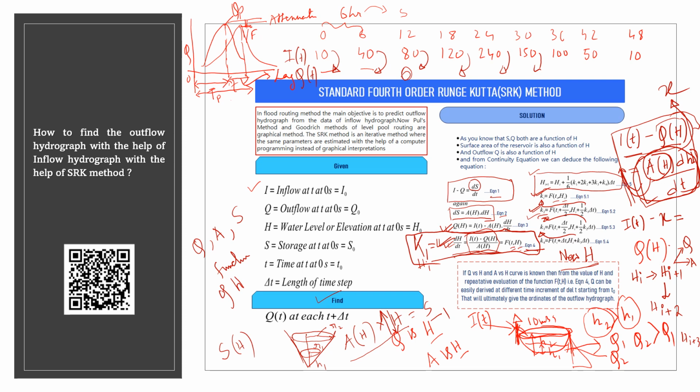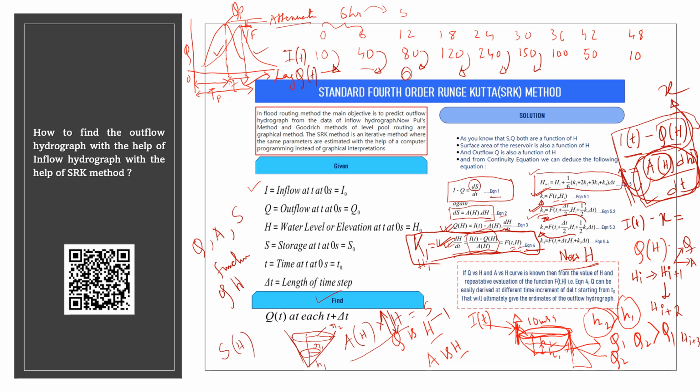So constantly what will happen is you will get the Q. The Q that you get will help you to draw the outflow hydrograph. And once you find the outflow hydrograph, you can find what is the attenuation and what is the lag. So that is all you have to do. But you can easily note that this is basically a complete iterative process.